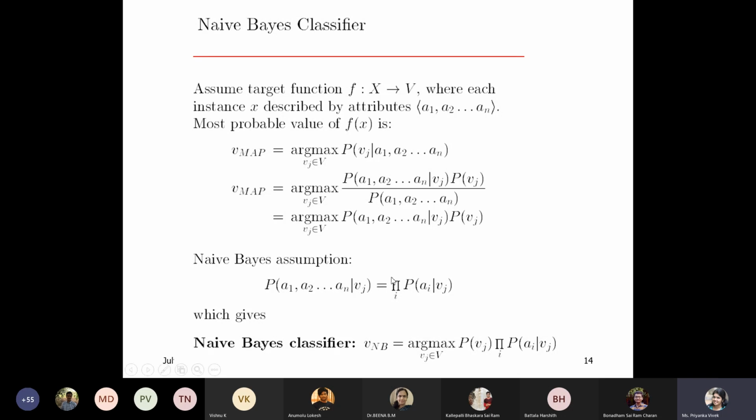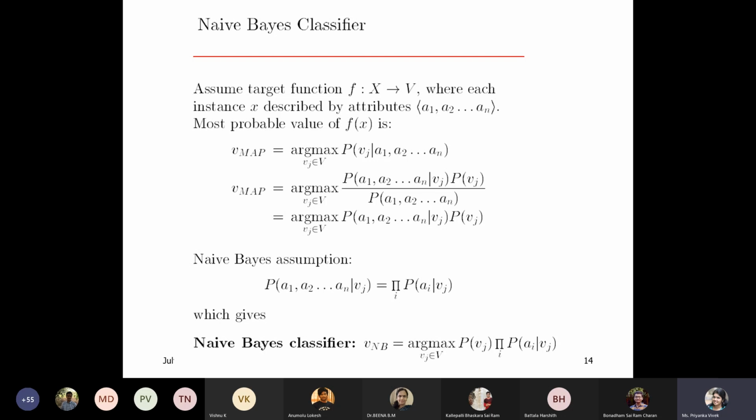Now, if that is the assumption, then we just multiply them. So we can write this as P of a1 given Vj into P of a2 given Vj into P of a3 given Vj, etc. That's what is summarized as pi over i. So each i would be your a1, a2, a3, etc., which are your attributes. A is your attributes, V is your corresponding Y value or your output variable.